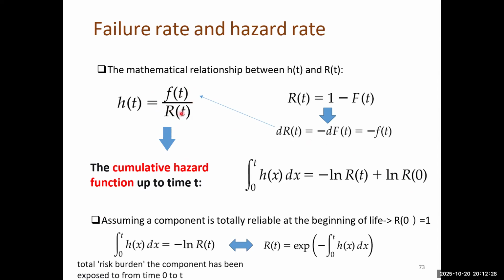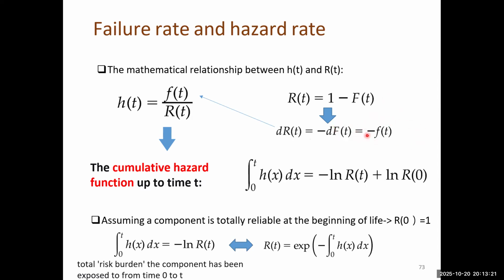And we also know that the unreliability, capital F(t), is simply 1 minus the reliability. So R(t) equals 1 minus capital F(t), right? Now let's look at the differential, dR(t). Since we have R(t) equals 1 minus capital F(t), the derivative of R(t) equals minus dF(t), and that equals minus f(t).